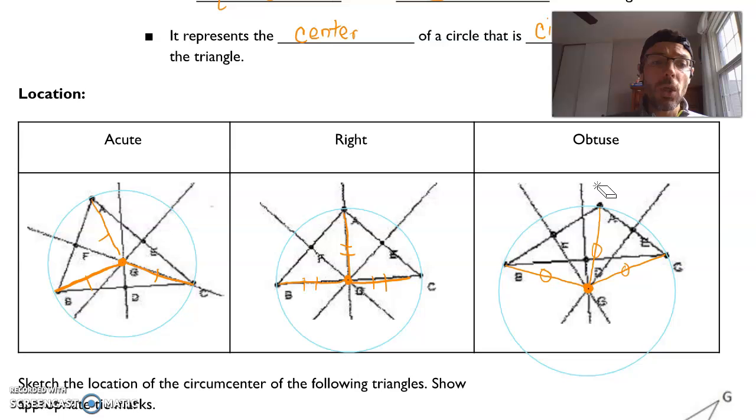Circumscribed means the center will be at the circumcenter, but then its circle will be going through all three vertices. Center of the circle, all three vertices are on the circle. Even though it's in the exterior, all three vertices are on the circle.